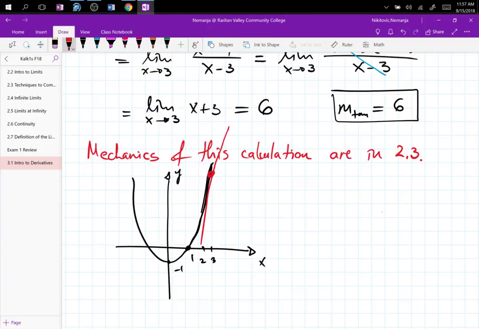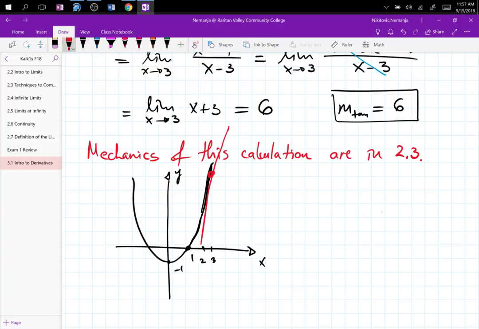Is there ever a situation where you would not be able to factor that out? Of course. We are going to have square roots, and we're going to have 1 over x, which is the next example.